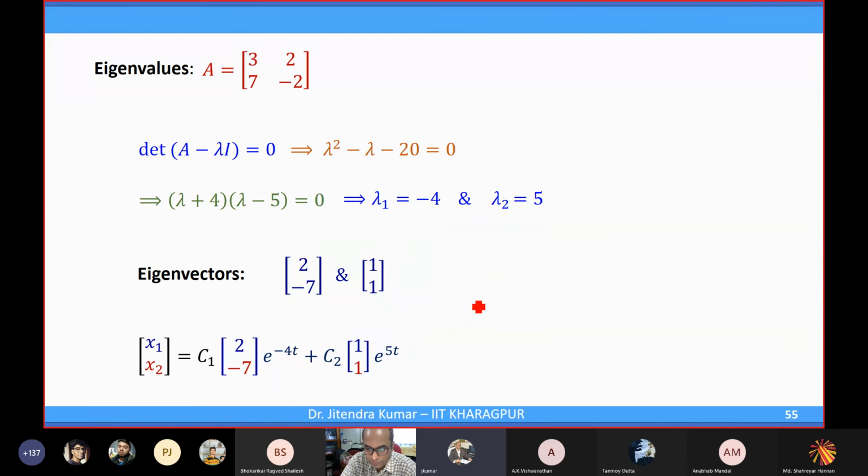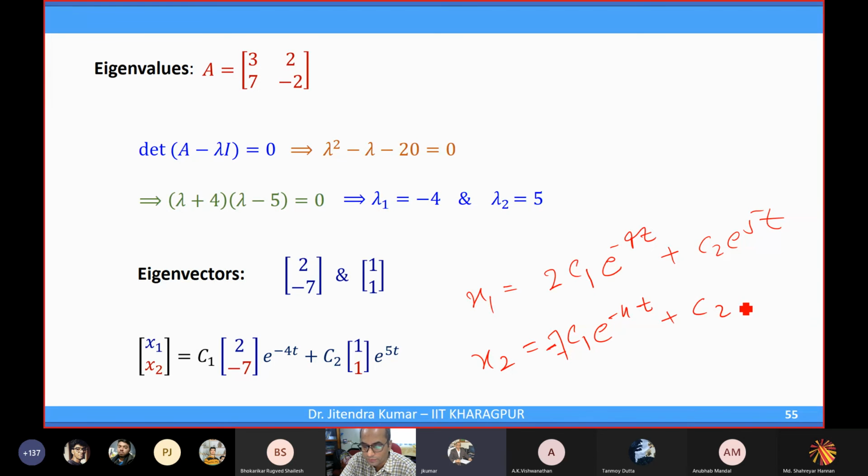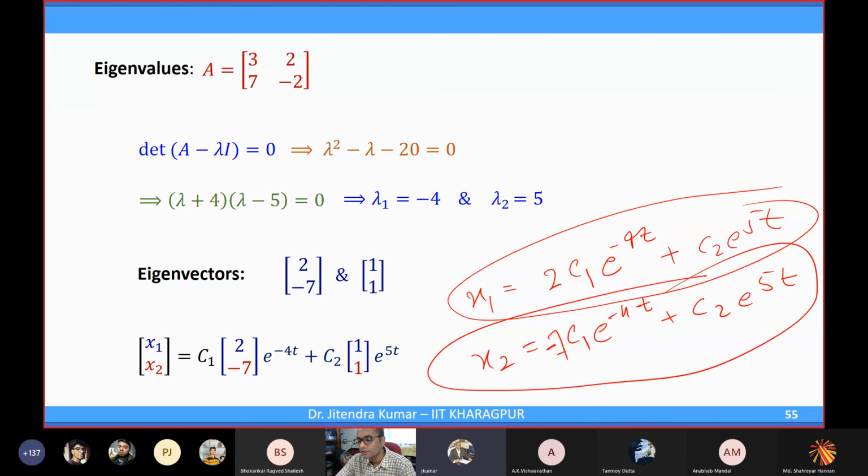So your x1 is 2c1 e power -4t plus c2 e power 5t, and x2 is -7c1 e power -4t plus c2 e power 5t. We have the solution. So eigenvalues and eigenvectors play a very important role in finding the solution of such systems.